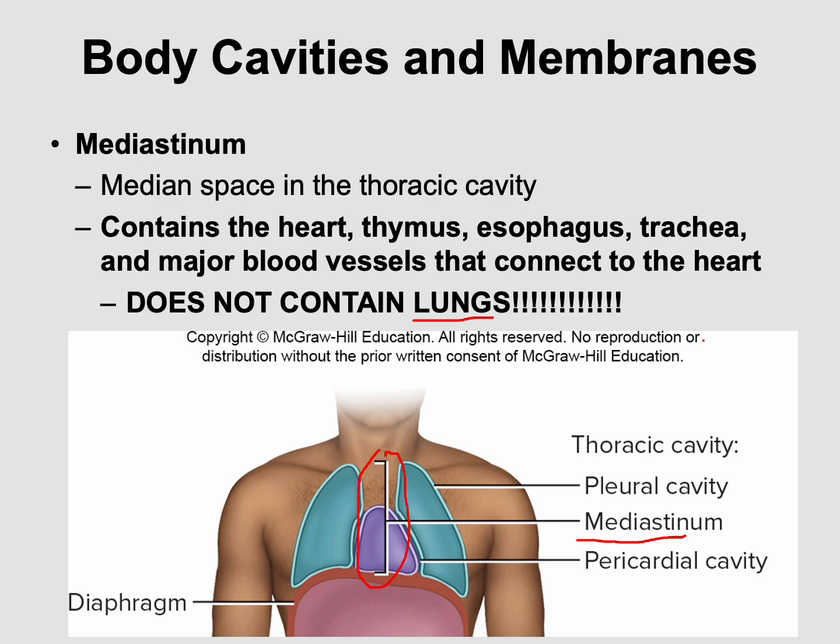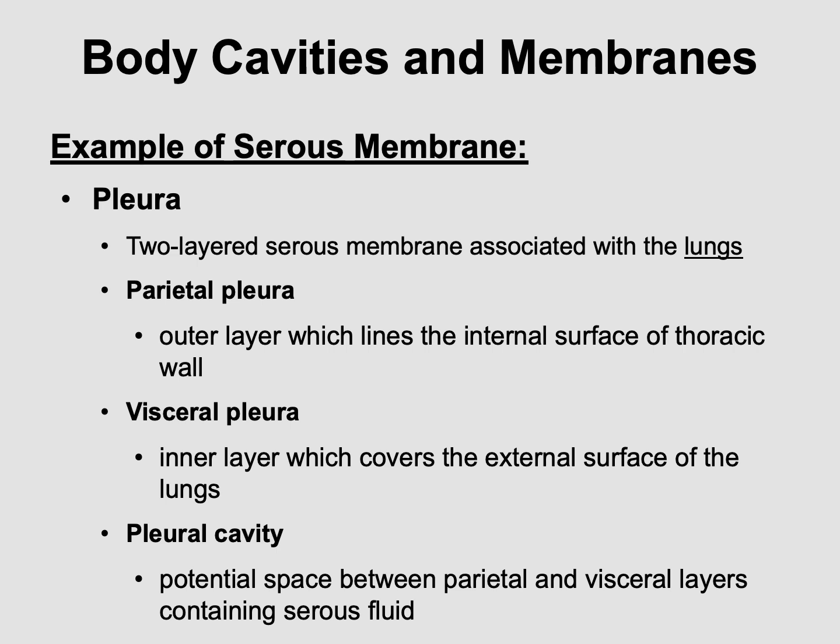Next, we've got the pleura, which is a two-layered serous membrane that is associated with the lungs and surrounds the lungs. So we've got the parietal and the visceral pleura.